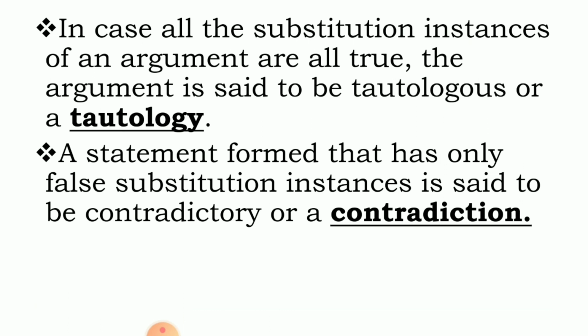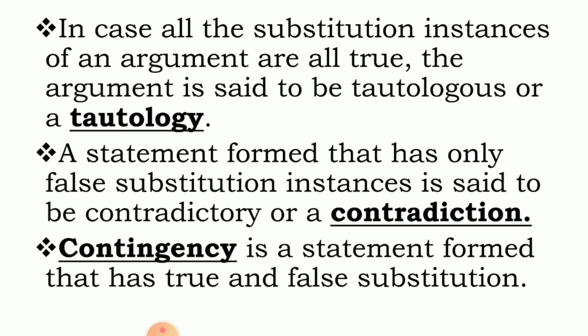Next, a statement form that has only false substitution instances is said to be contradictory or a contradiction. So in here, it is a contradiction if all the substitutions or all the truth values are false. And lastly, contingency is a statement form that has true and false substitution. So this is a combination of truth values of true and false.